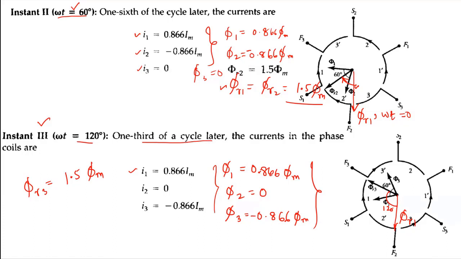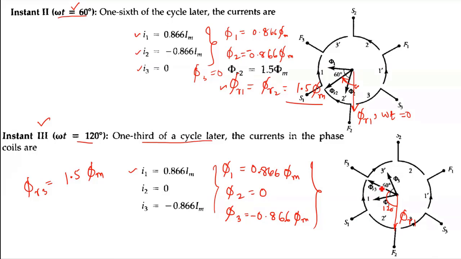That means as the evaluation instant moves, your resultant flux will also move, right?